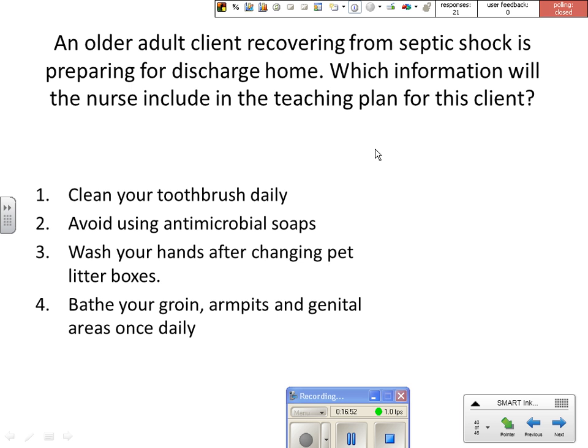The older client recovering from septic shock is preparing for discharge home. Which information will the nurse include in the teaching plan for this client? Clean your toothbrush daily, avoid using antimicrobial soaps, wash your hands after changing the litter box, bathe your groin, armpits, and genital areas once daily.